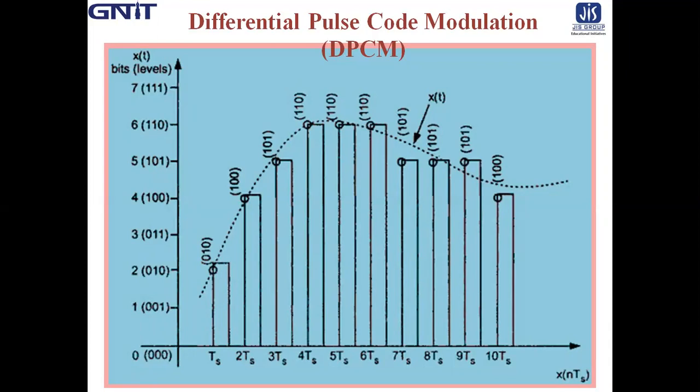So it may be observed that the samples of a signal are highly correlated with each other. The difference between the present sample value and the previous sample value does not differ so fast. The adjacent two samples carry the same information with a little difference.